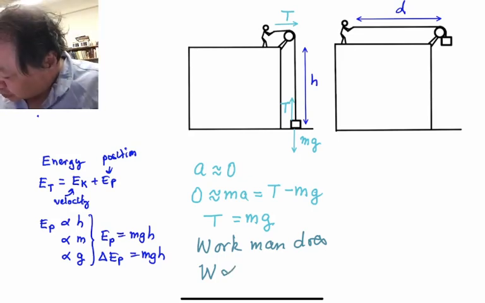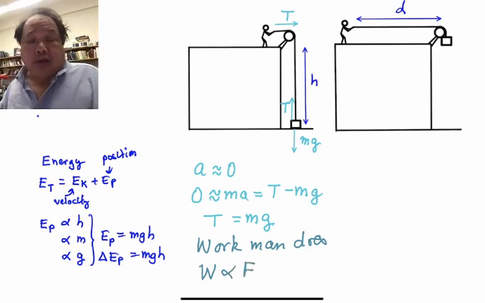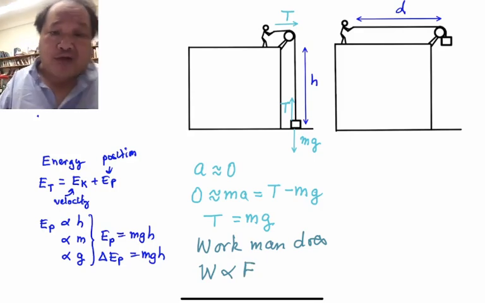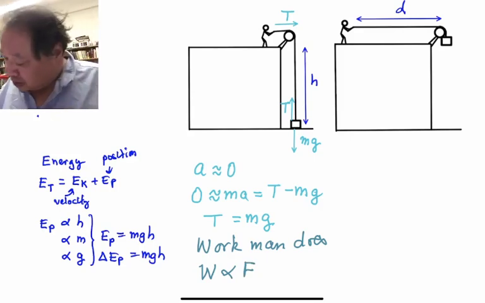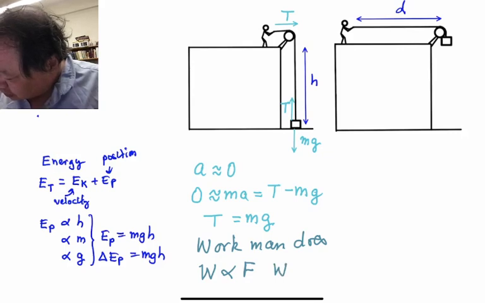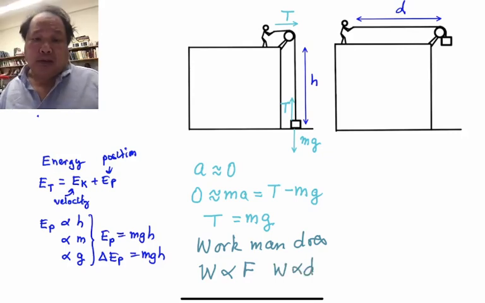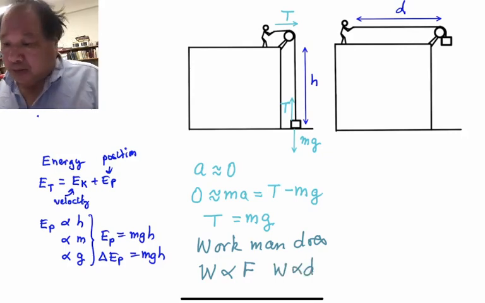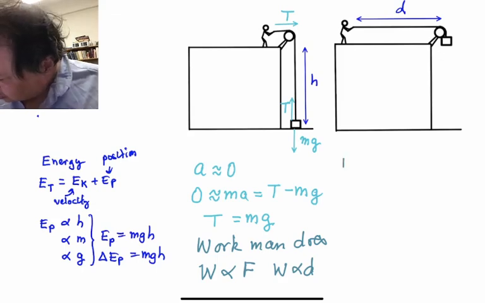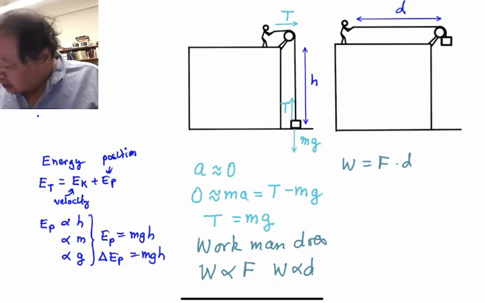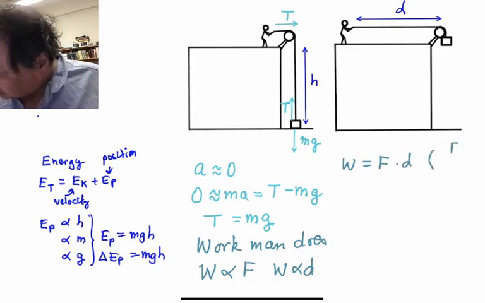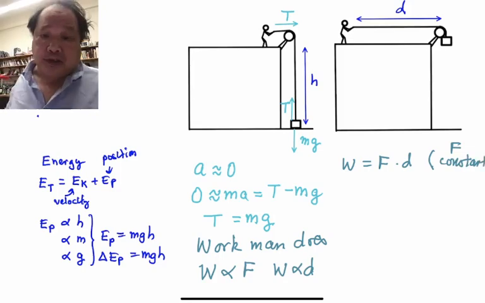So it's proportional to force. If you double the distance you travel, you double the amount of work you do. So it's proportional to distance. And putting those two concepts together, we see that work equals force times distance. And this statement is true when force is constant, as it is in this case.